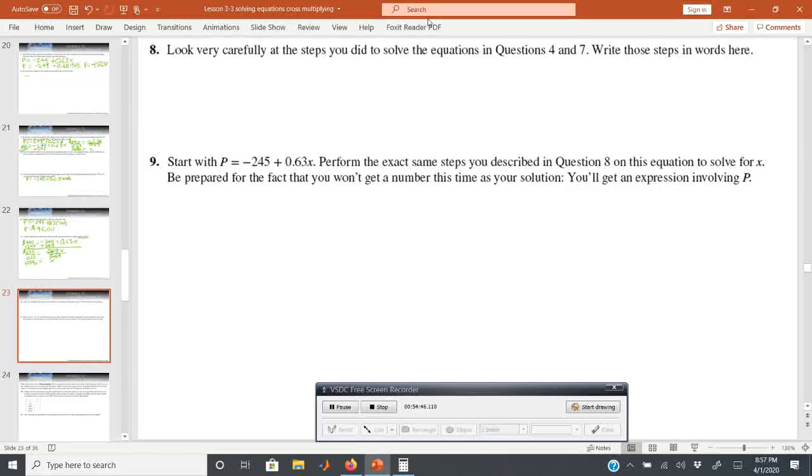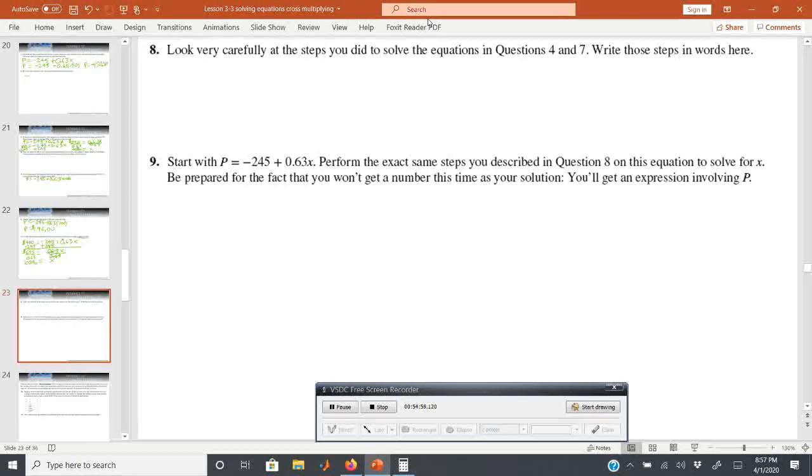But really, in question 4, we were given the number of snow cones. We just put that into the equation where the variable representing the number of snow cones was.